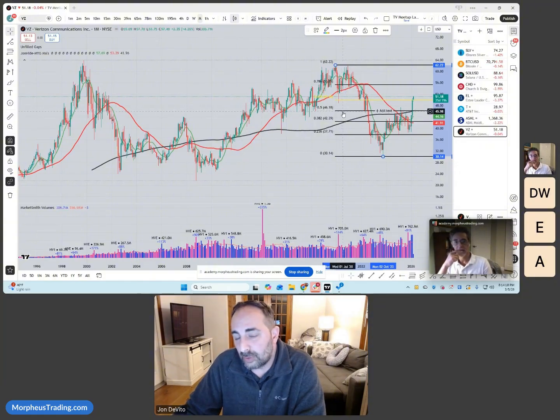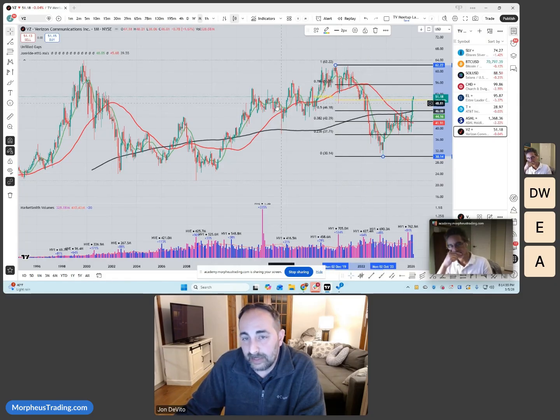So it's a zone to watch, and you can see that it respects that zone in the past. Even if you look back at the 618, it's bounced off of here, and it is a number that looks like it's respected even back in time from that level.